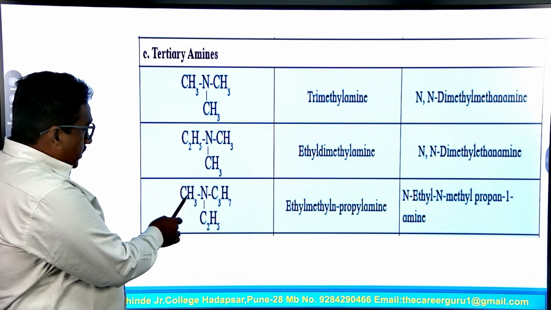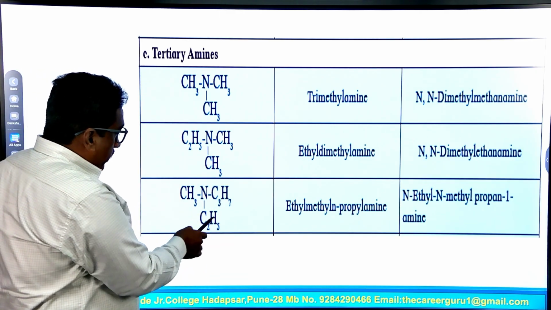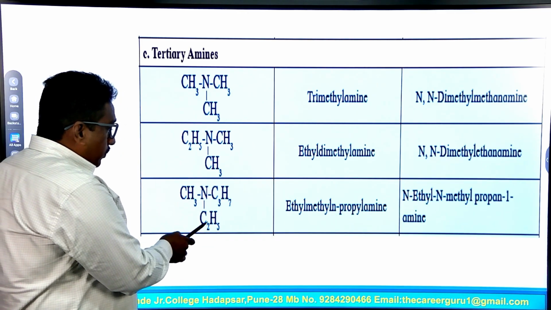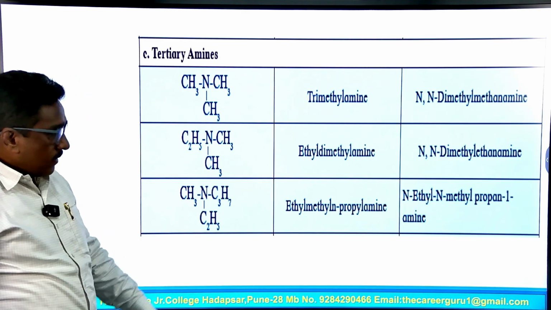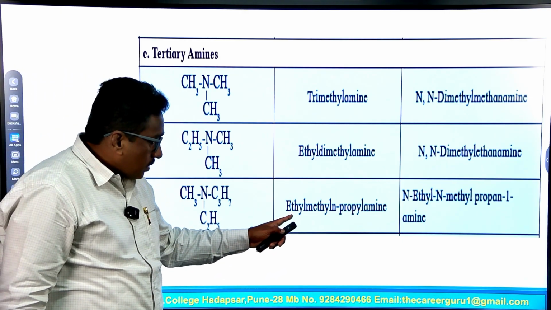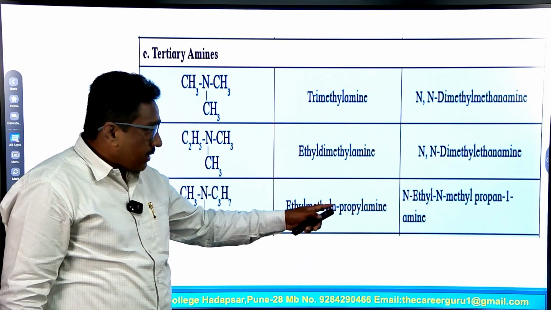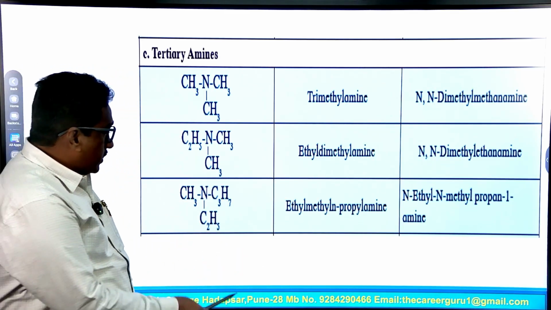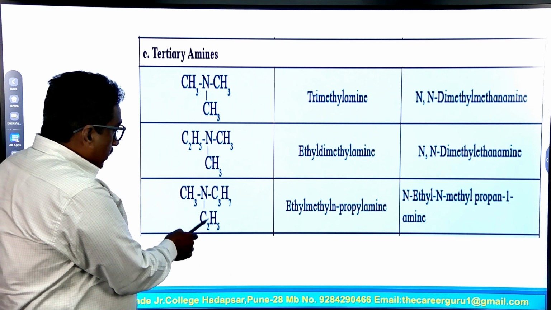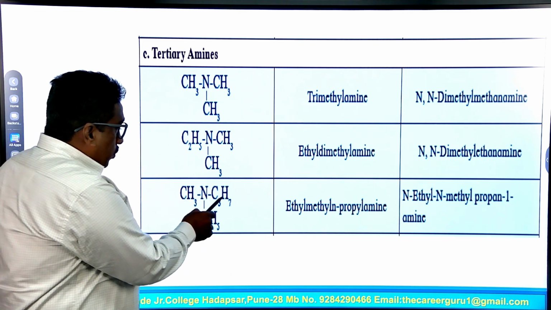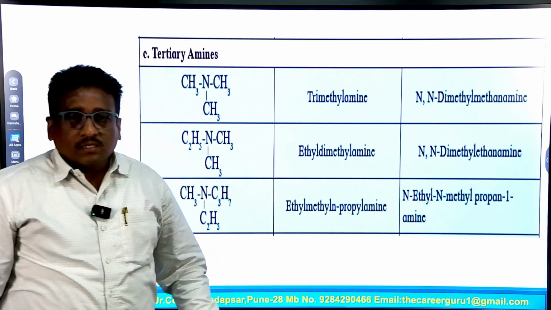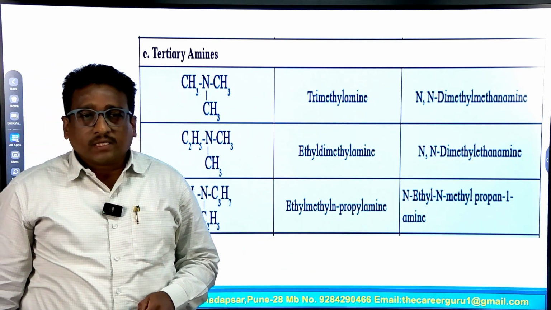Third example, CH3, C3H7 and C2H5 on nitrogen. So, these are the methyl group, ethyl group and N-propyl group. The name of this compound is ethyl methyl N-propyl amine as the common name, and its IUPAC name is N-ethyl N-methyl propane-1-amine. So, this is the IUPAC nomenclature of tertiary amines.